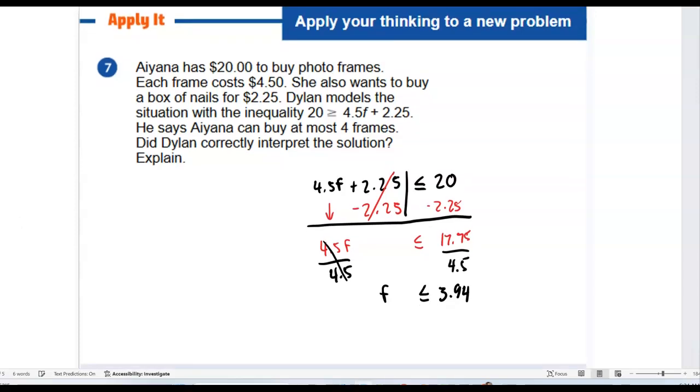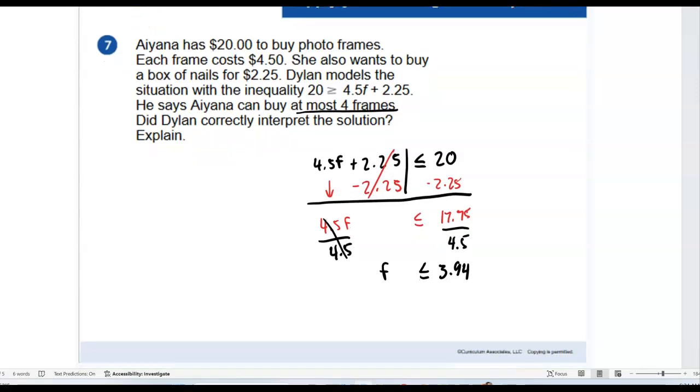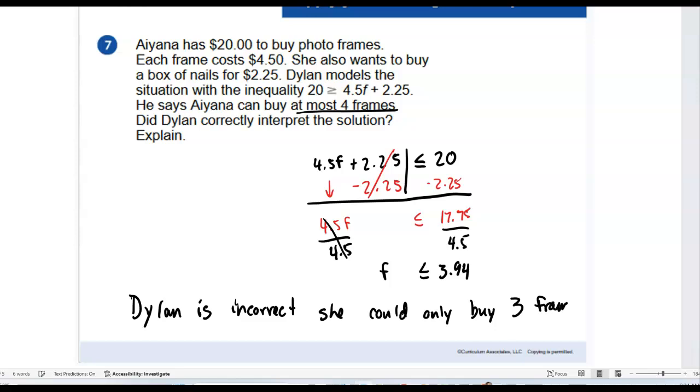Well, Dylan said that she could buy at most 4 frames, but wait a second. Her cost says she can buy up to 3.94 frames. You can't go to the store and say, hey, I want 3 frames and then I want 0.94 of a frame. Dylan is incorrect. She could only buy three frames, right? She'll have a little money left over, but she wouldn't have enough money to buy that 4th frame.